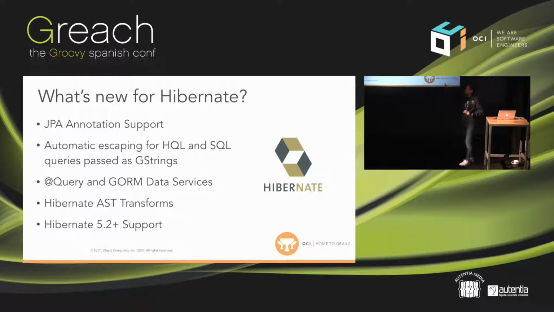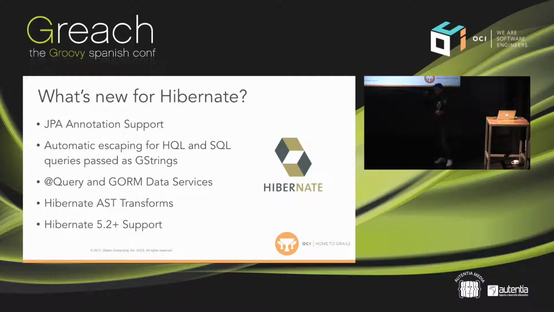I'm going to be demoing that in a minute. We have specific support for Hibernate for it. The @Query annotation allows you to define HQL queries, which have improved massively in GORM 6.1, because we now apply automatic escaping to HQL and SQL queries that are passed as a GString.